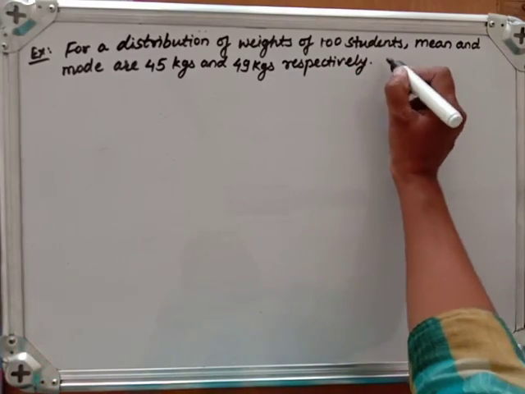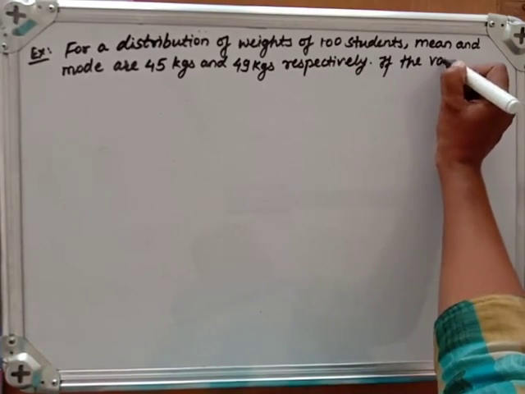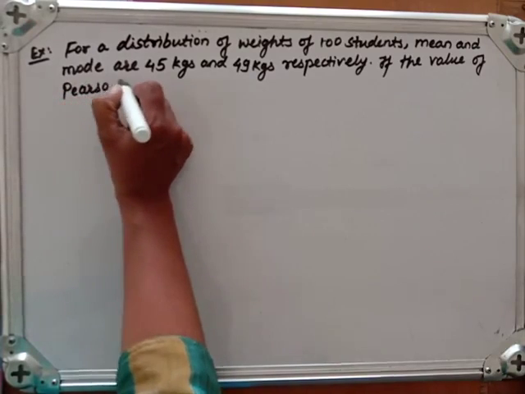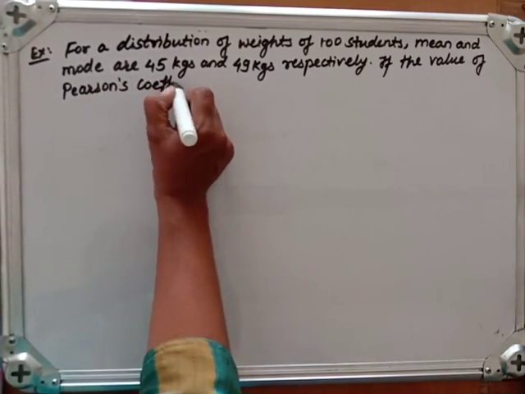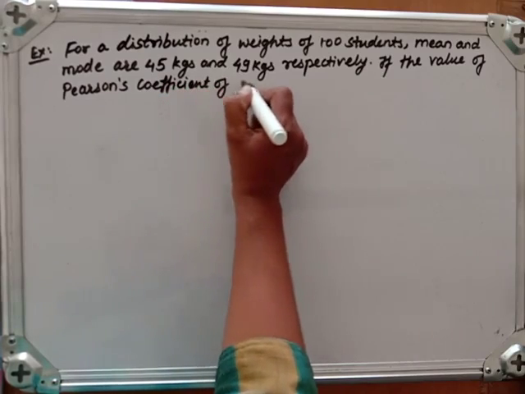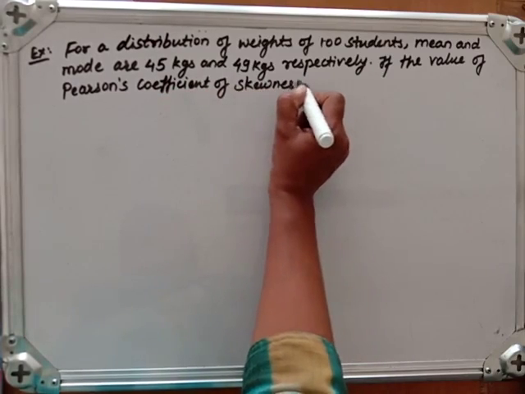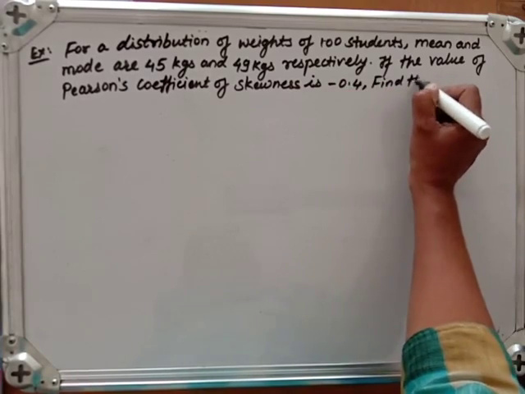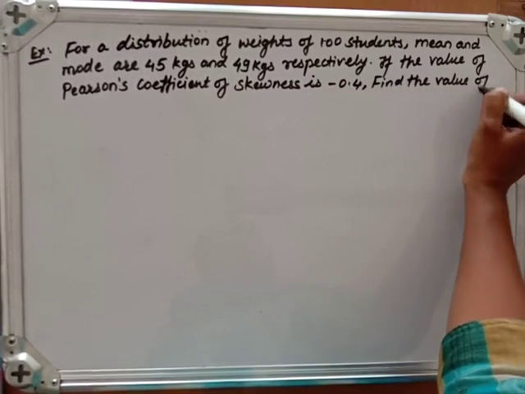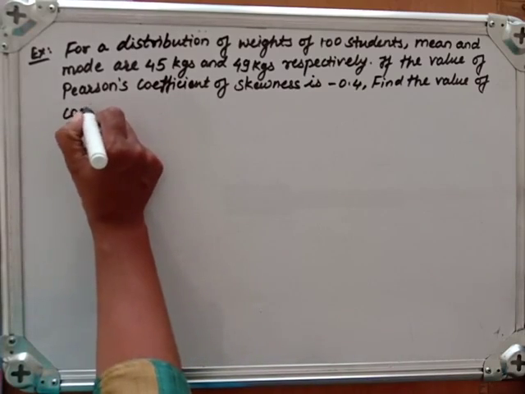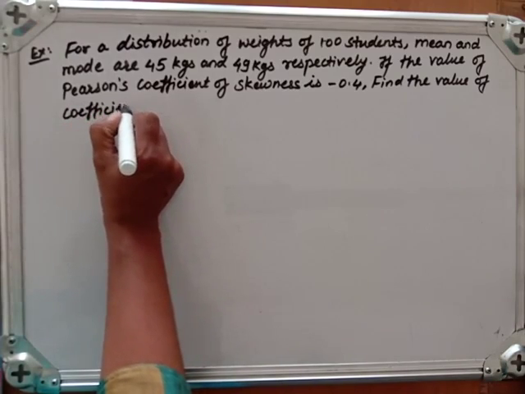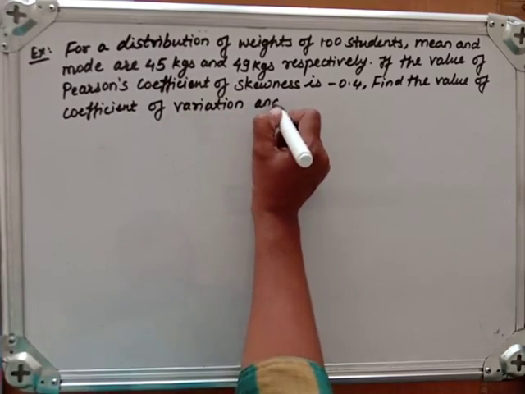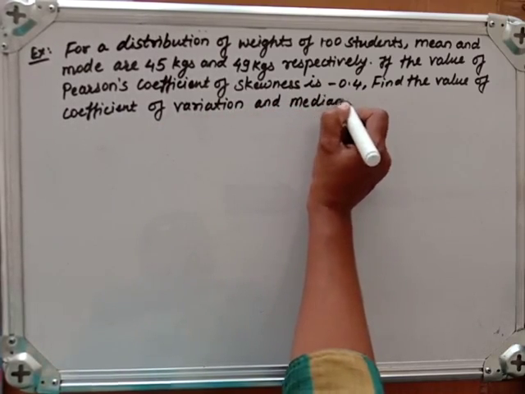If the value of Pearson's coefficient of skewness is minus 0.4, find the value of the coefficient of variation and median. These are the questions.